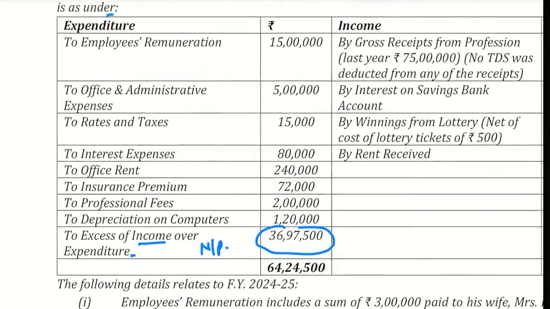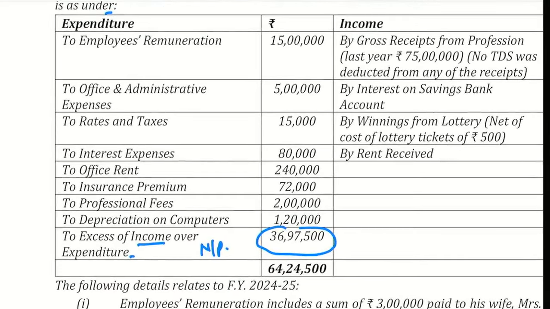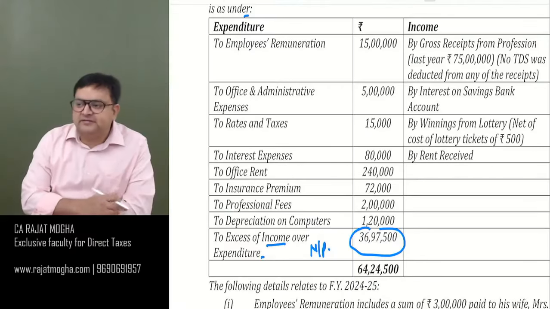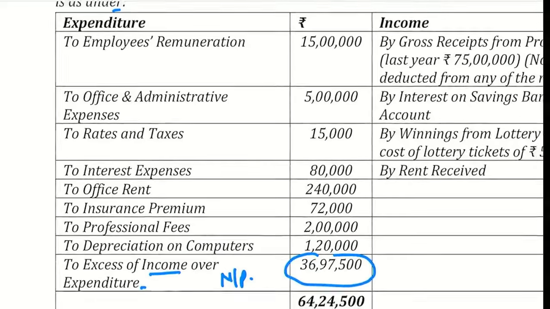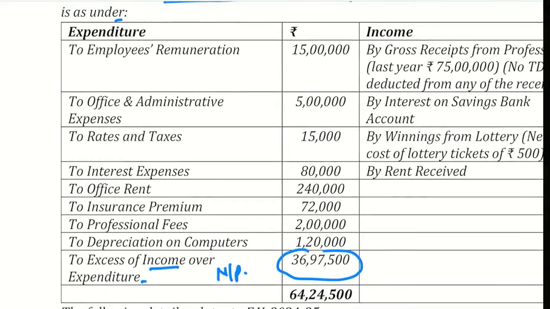First of all, look at his expenses and let's find if there is any expense which should not be a business or profession expense. First is employee remuneration. Guys, we are okay with employee remuneration. It is salary, paid to employees, so it is a business expense. I'll see if there is anything in the information, but as of now it is completely fine.